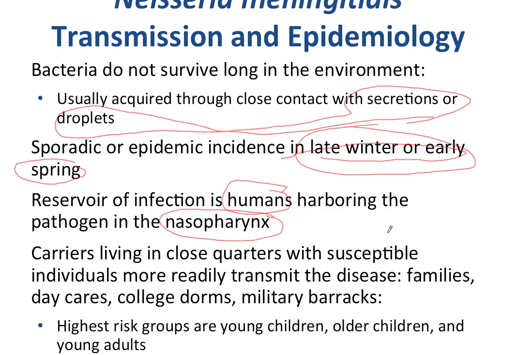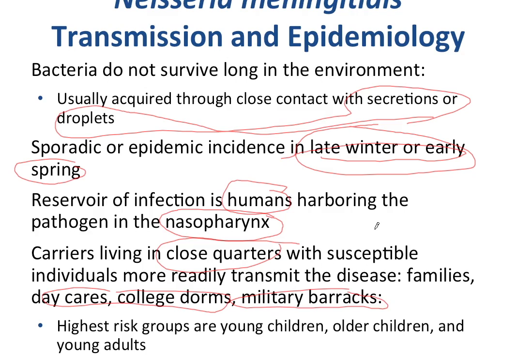The scientists believe that closed environments such as the classroom, daycare, college dorm, and military barrack cause high transmission, because people are crowded in this very limited space, which increases the rate of transmission.